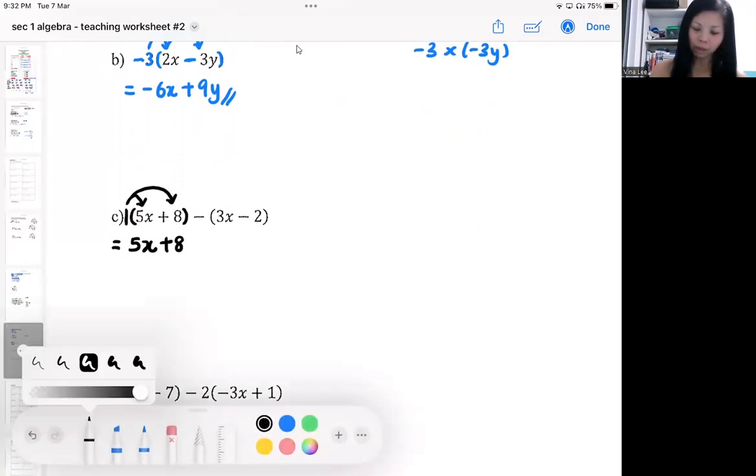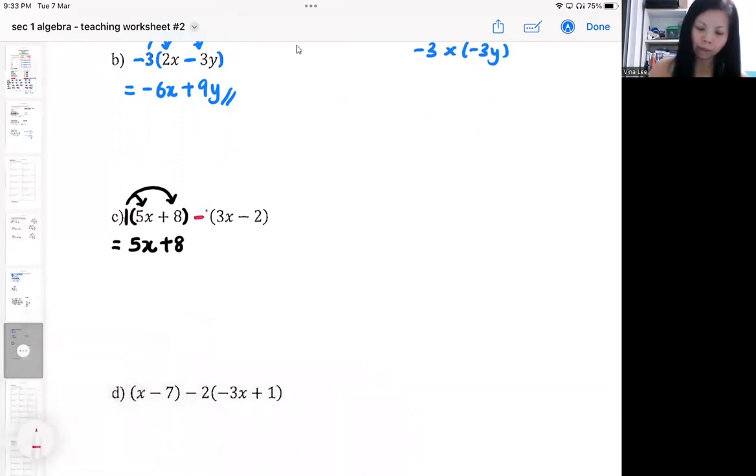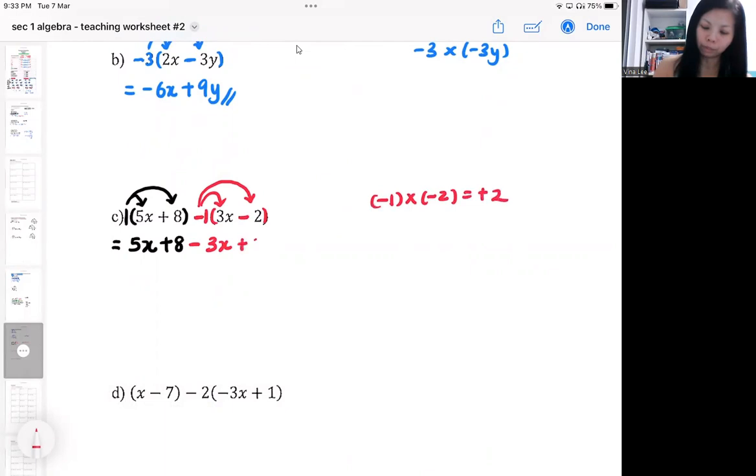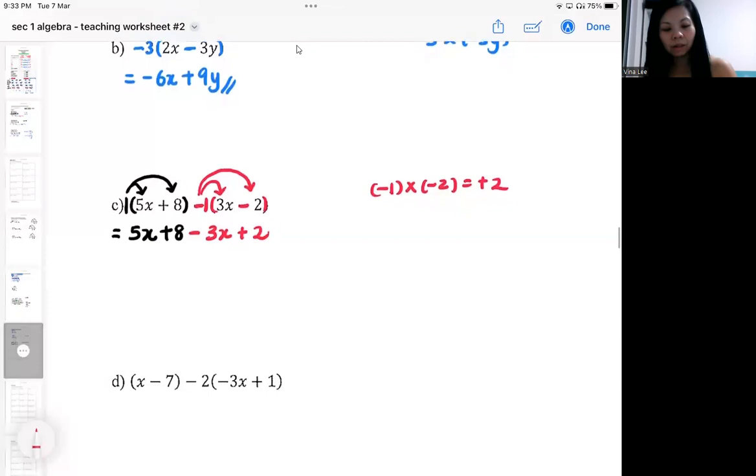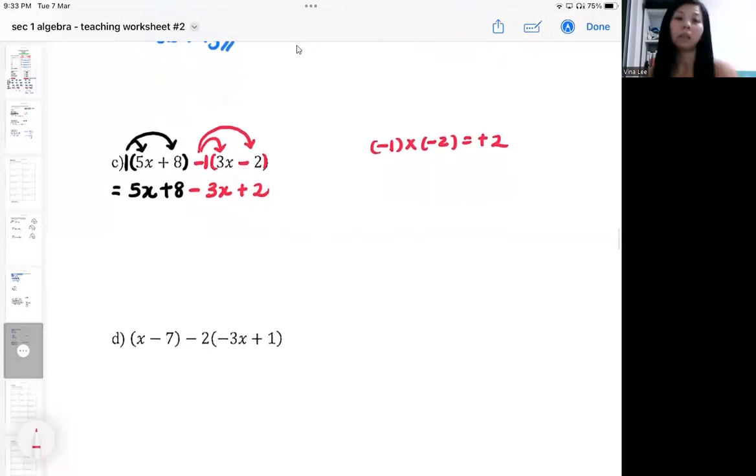But in the other bracket, the negative represents a minus 1. You must see that it represents a minus 1. Minus 1 times 3x is a minus 3x. This is the one a lot of students will miss out. Minus 1, the second one, times minus 2 is actually a positive 2. So the negative is usually the one that people don't see.